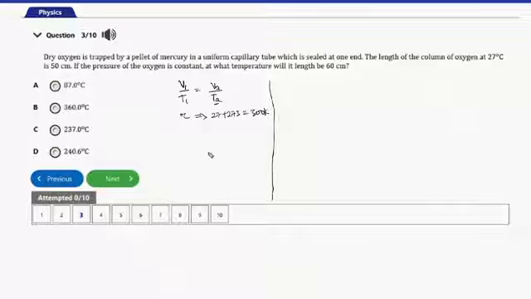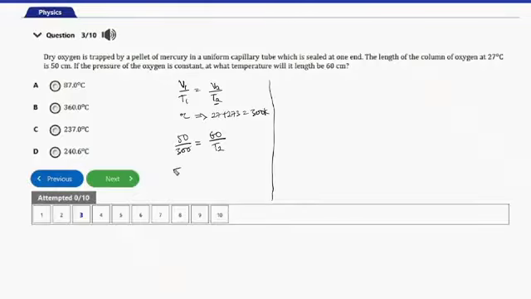So in that case, let's substitute all for this. So we have V1 is 50 cm over T1, which is 300 Kelvin. That will be V2 60 cm over T2, which is not given.